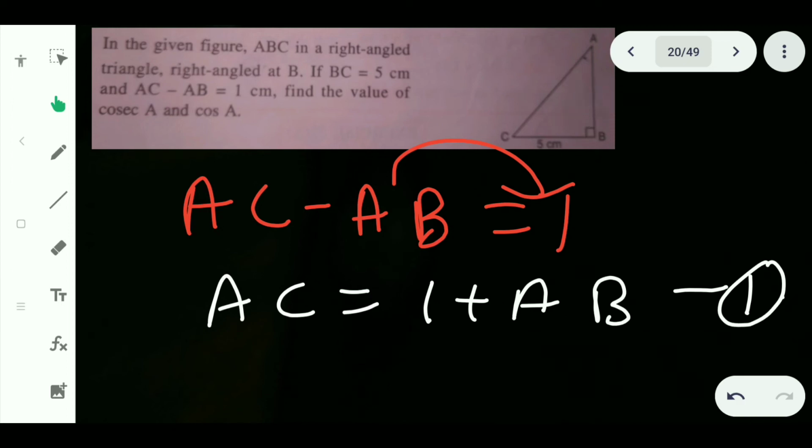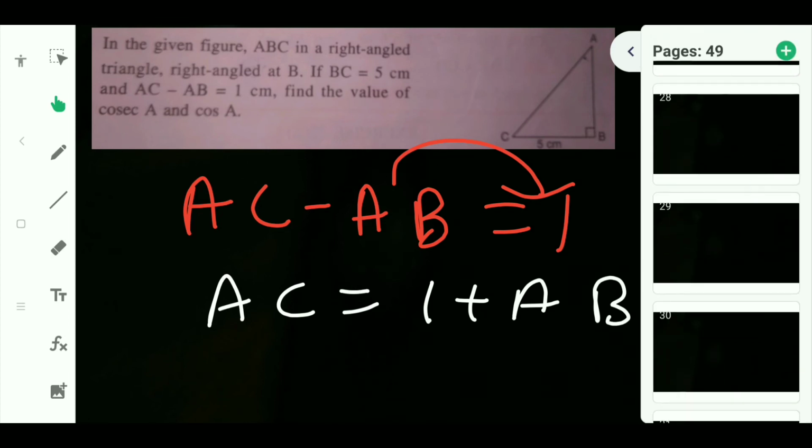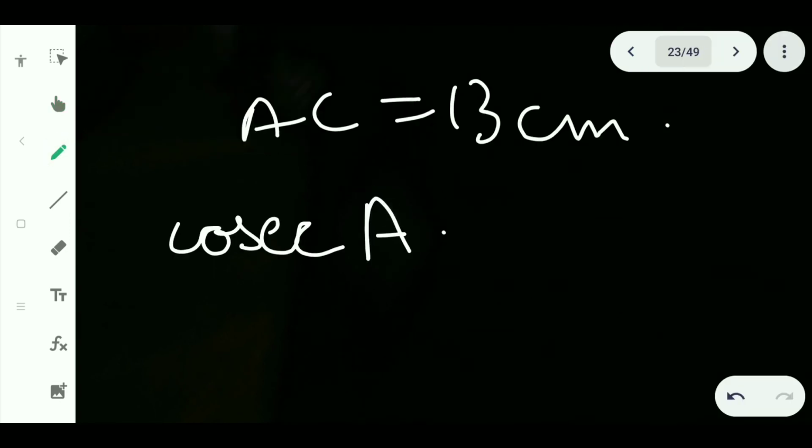Cosecant is nothing but just the reverse of sine, that is, hypotenuse by opposite. AC by 5 centimeter, AC is nothing but 13. So we are getting AC as 13, and hypotenuse is nothing but AC, and opposite is nothing but 5.